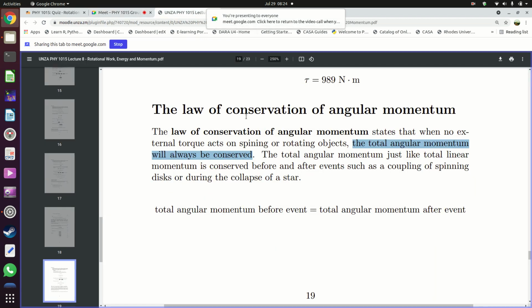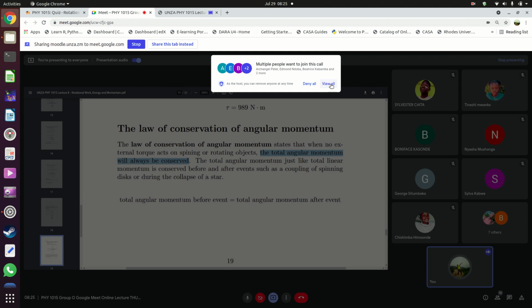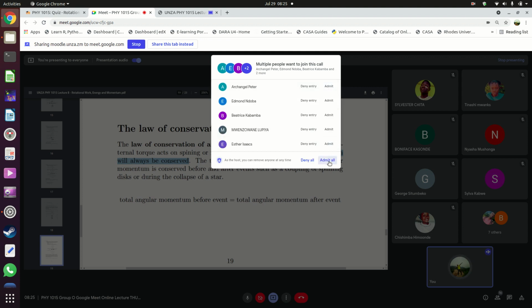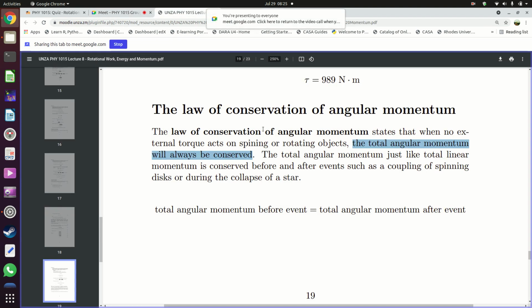If at that particular point there is no external torque applied on this object which is rotating or spinning, then you can have conservation. If you have a torque, then that torque is going to cause your object to spin faster or to slow down, and when that happens, you end up either with a gain in angular momentum or a loss in angular momentum, and when that gain or loss happens, you cannot have conservation. Are we clear?